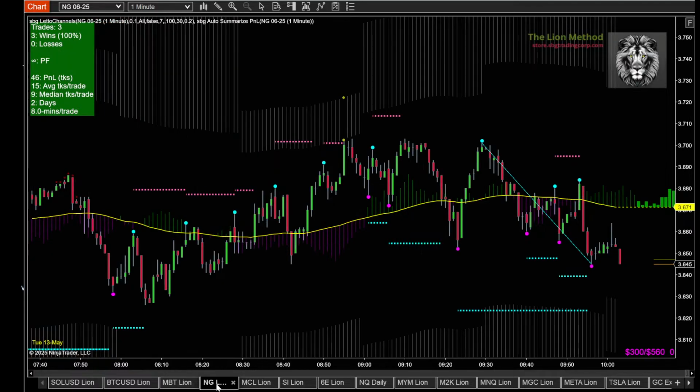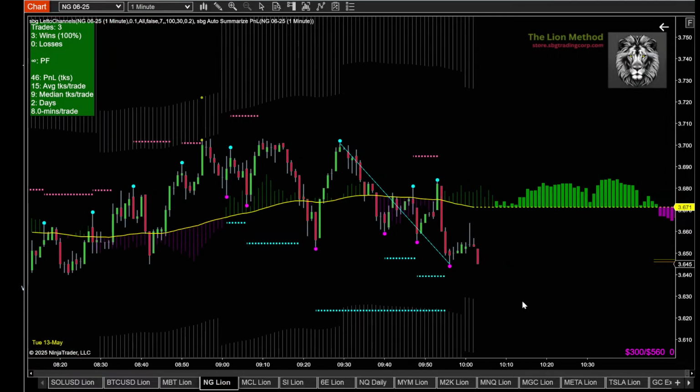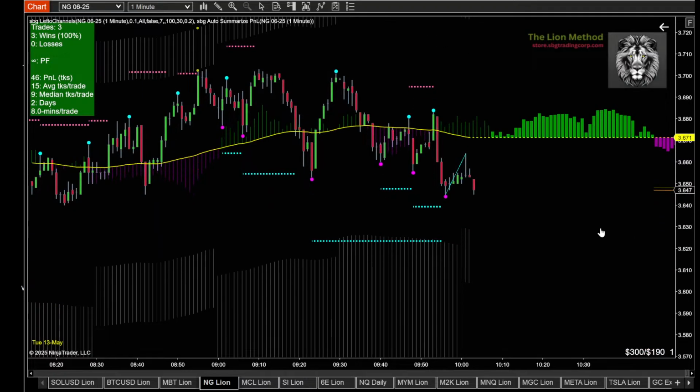Crude is just going nowhere. I would consider a trend trade short in gas, but tendency is up. Doesn't give me too much confidence.